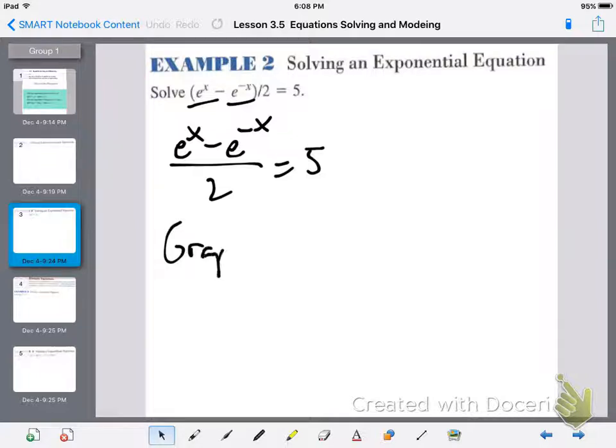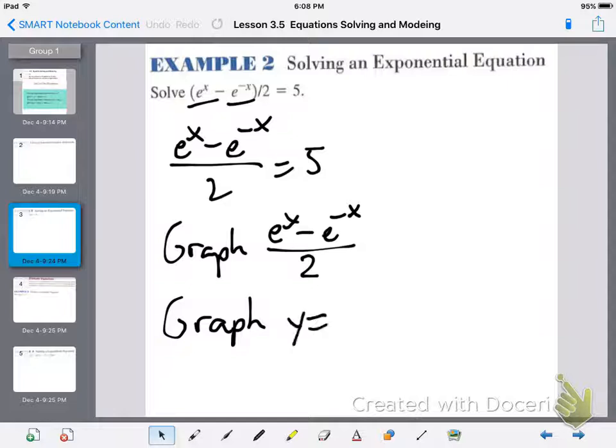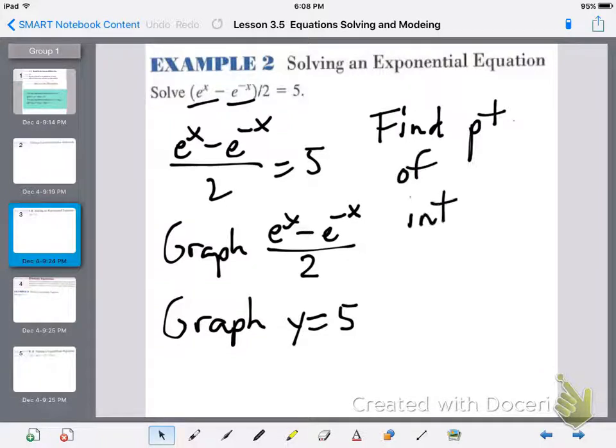I would graph e to the x minus e to the negative x over 2. And then on the same graph, I would graph y equals 5. So I would graph both functions, and then I would find the point of intersection of the two graphs.